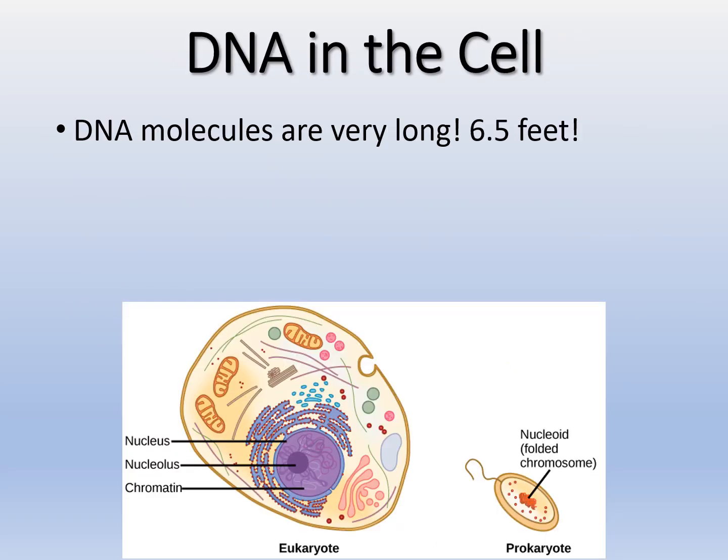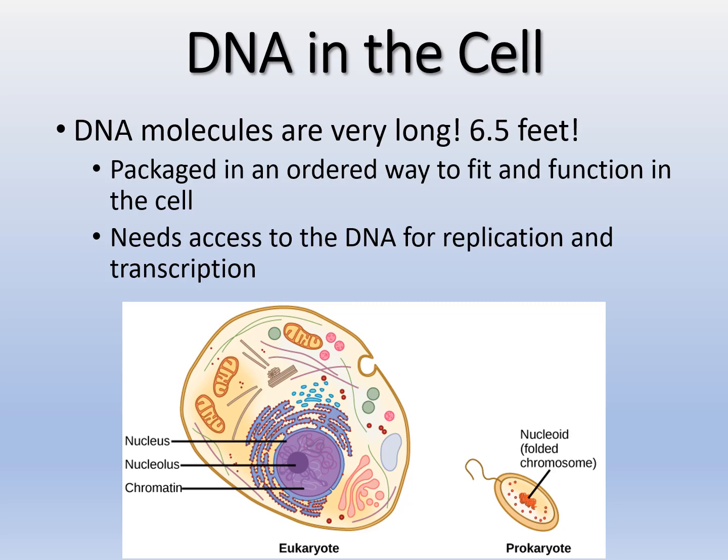So what about DNA in the cell? We have all of this DNA. It's really, really long, right? If we have all these strands of DNA, double helixes, it's about 6.5 feet of DNA. So how do we fit 6.5 feet of DNA in a microscopic cell? Well, we package it in a very specific way so that we can fit it into the cell and we can still access it and have it function correctly as DNA.